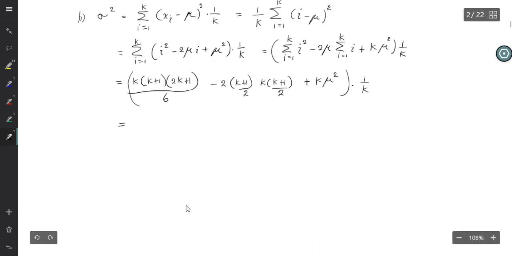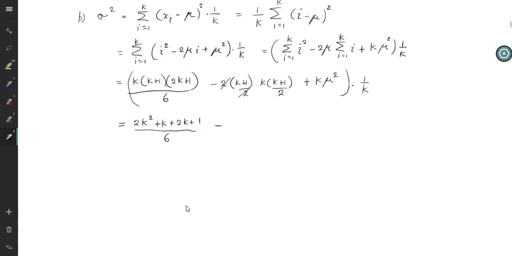So let's simplify this further. You end up with (2k square plus k plus 2k plus 1) divided by 6. This is the first term. Then this 2 and 2 cancels out. So you have (k plus 1) square over 2.